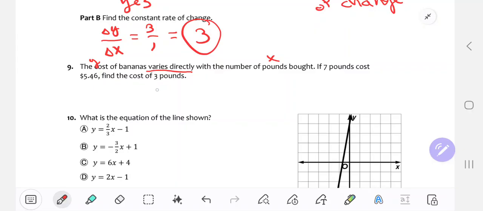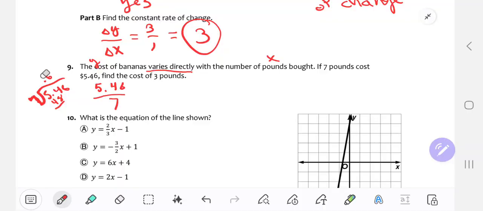If it varies directly, then we can just find that unit rate by dividing y by x. So the cost divided by x, which is pounds, so that's 7. Let's do the math there real quick. It goes into 6 times 48. Oopsie. No, that's wrong.